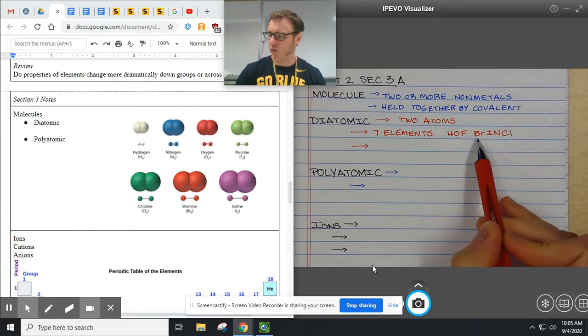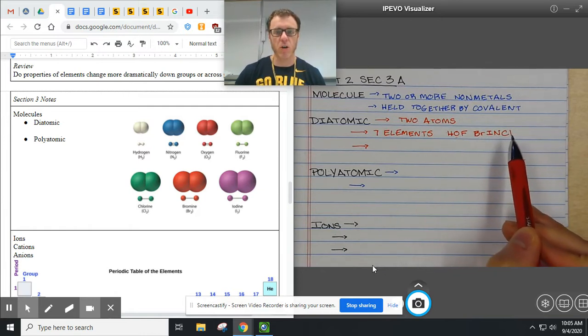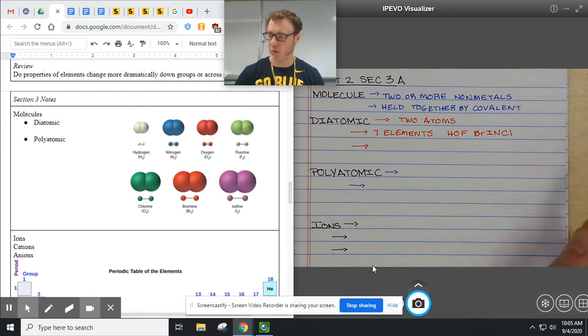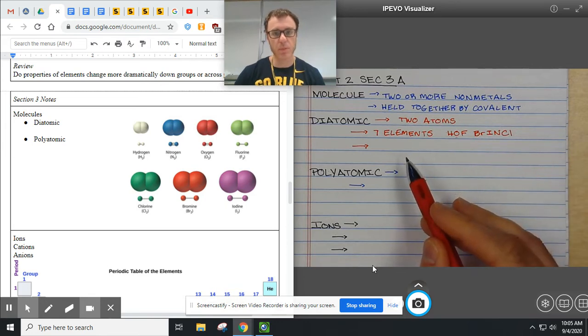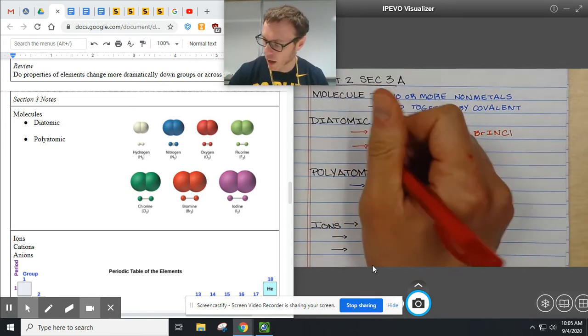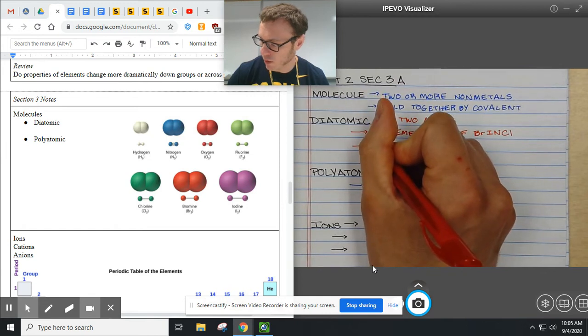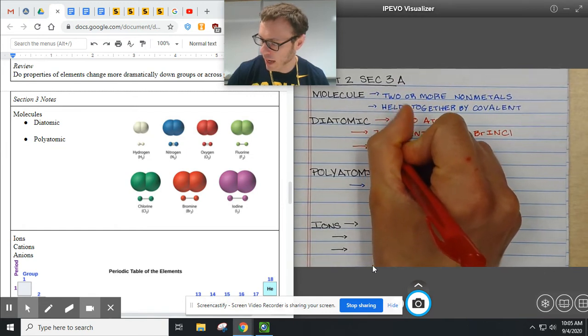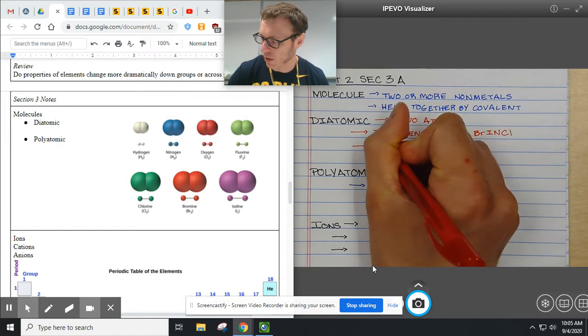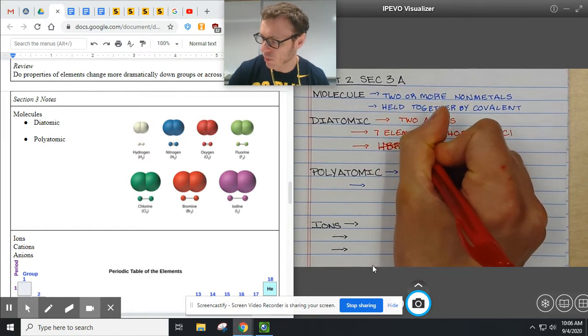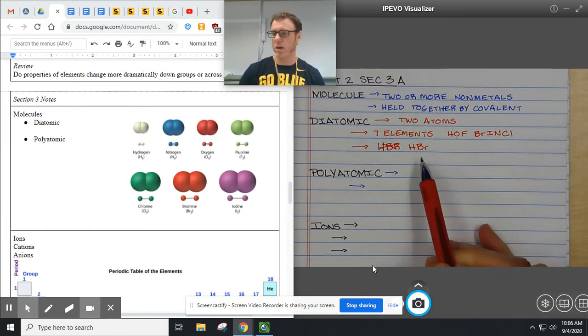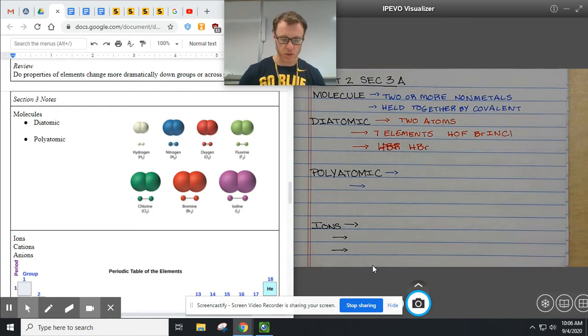So hydrogen, oxygen, fluorine, bromine, iodine, nitrogen, chlorine all come as twos. That's just what they do. But you could have 2 different elements, so we can have HBr or something like that. So they can be 2 different ones as well.